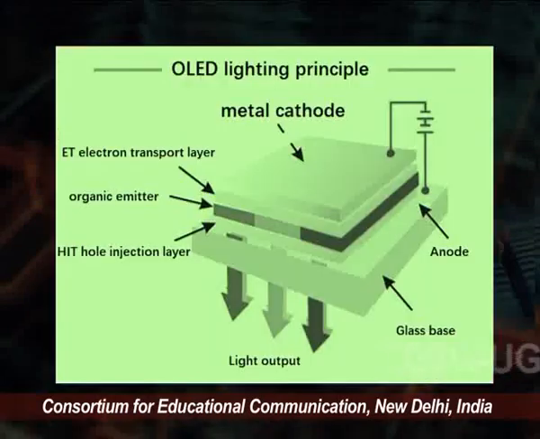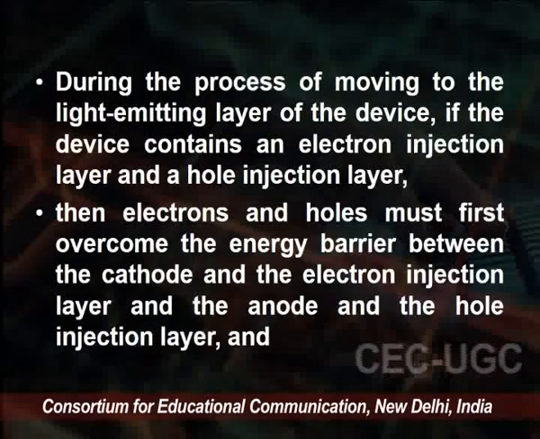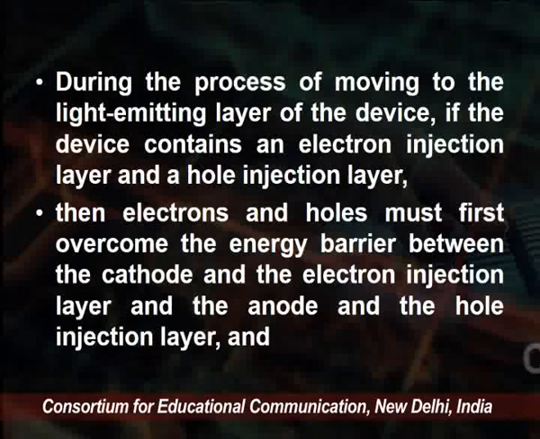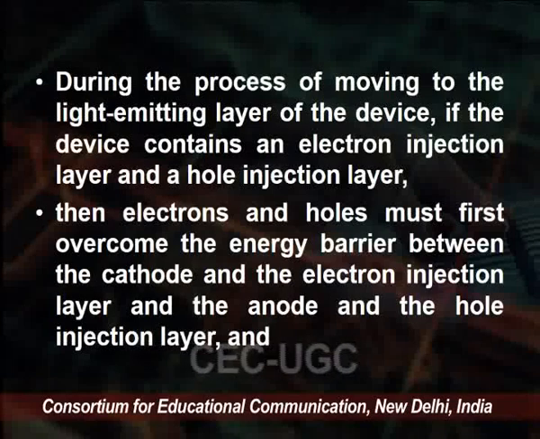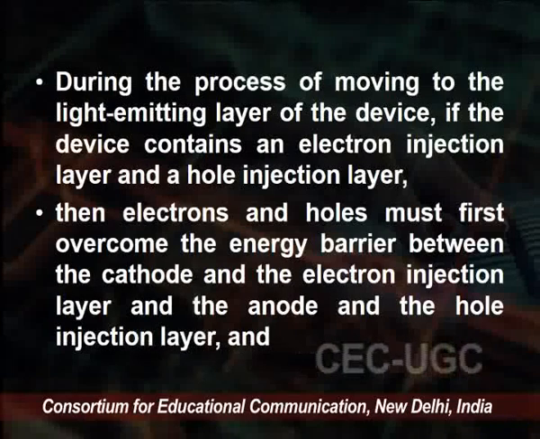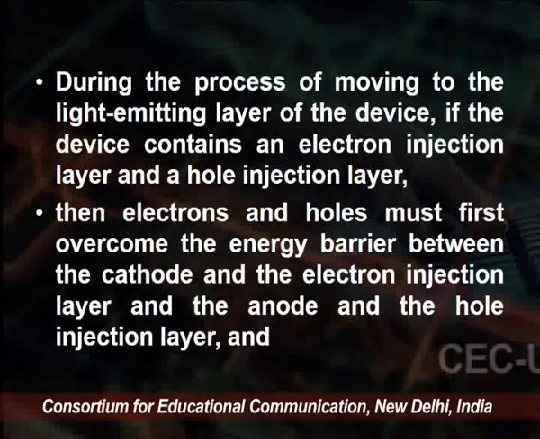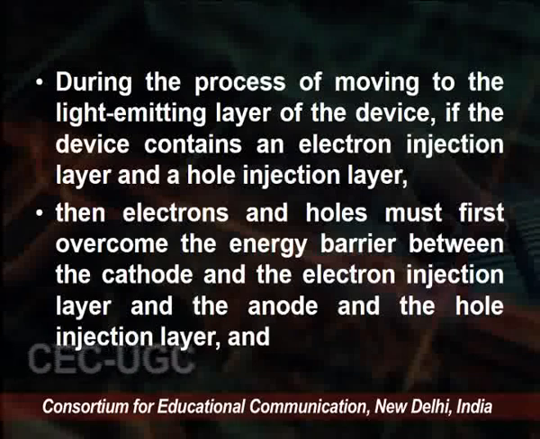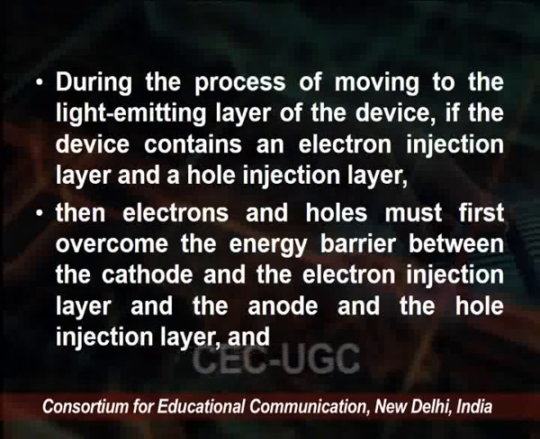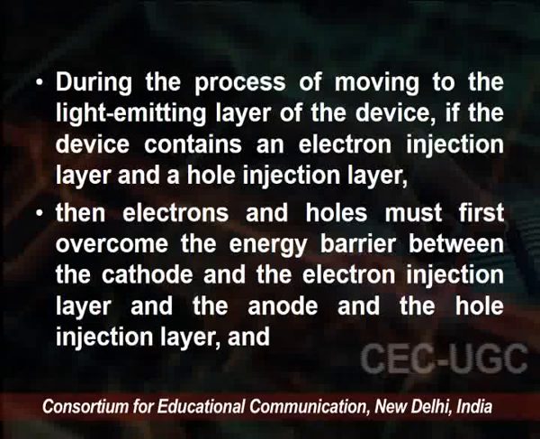It means here we put the voltage, and then there is a movement of electrons from the cathode and holes from the anode. During the process of moving to the light emitting layer of the device, the device contains an electron injection layer and a hole injection layer in between. The electrons and holes must first overcome the energy barrier between the cathode and the electron injection layer and the anode and the hole injection layer.